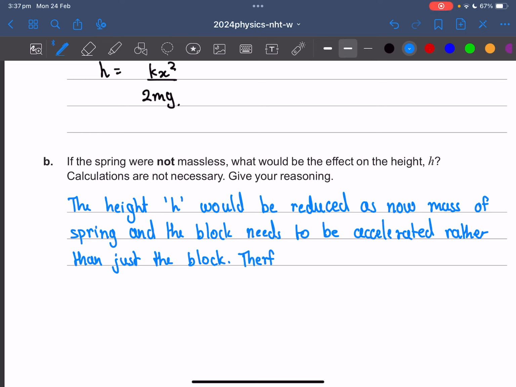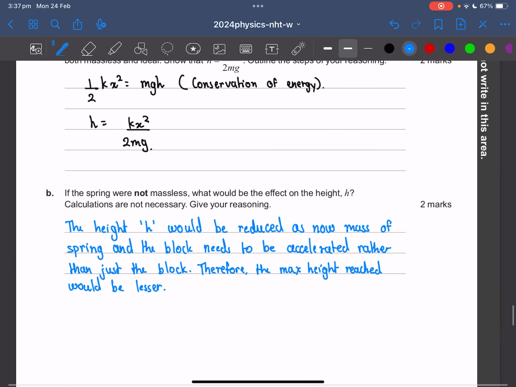Therefore, the max height reached would be lesser. Okay?